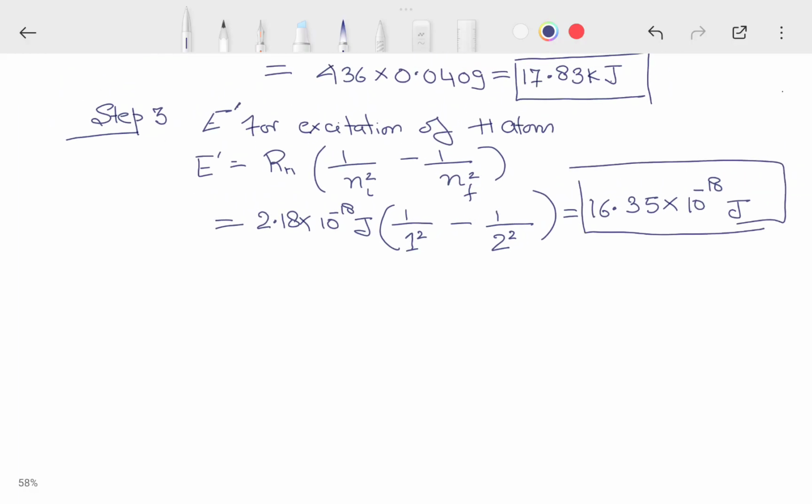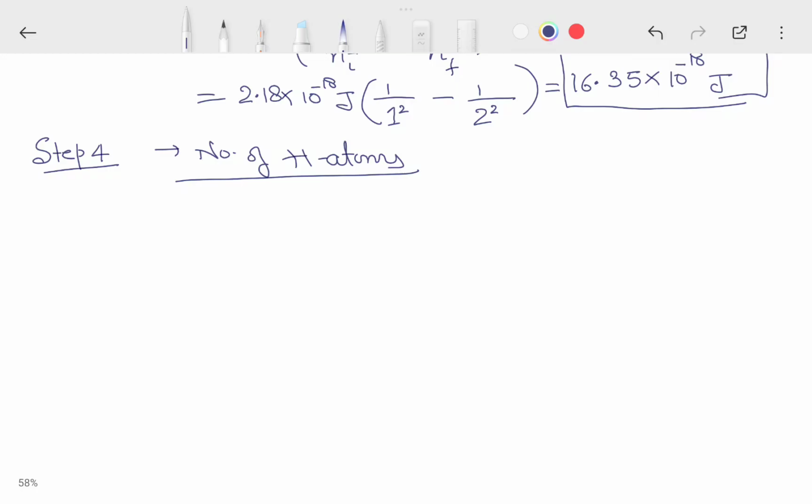In the fourth step, we'll find out number of hydrogen atoms. Okay.